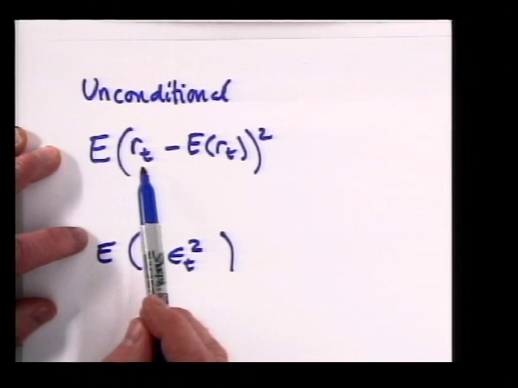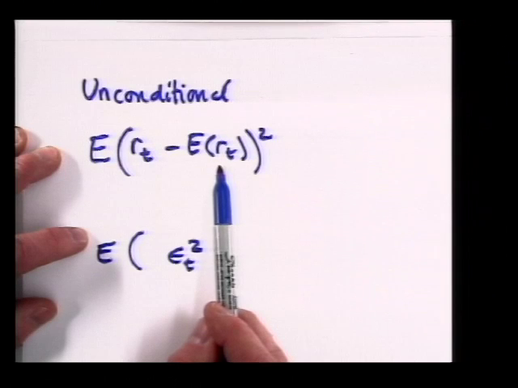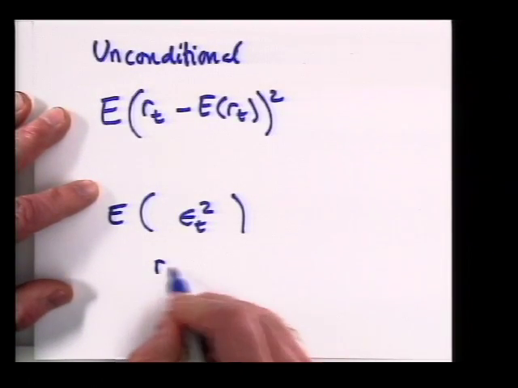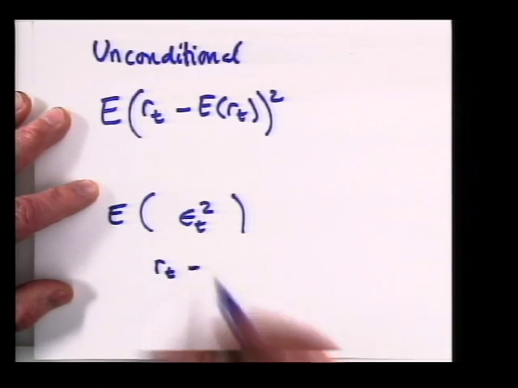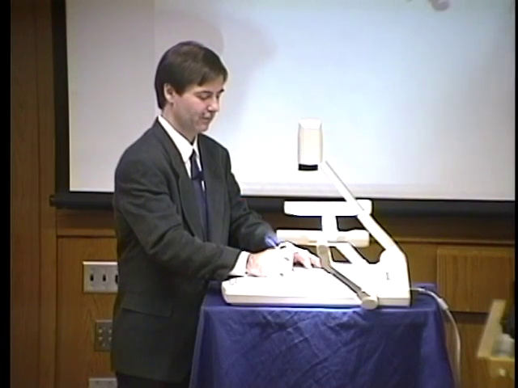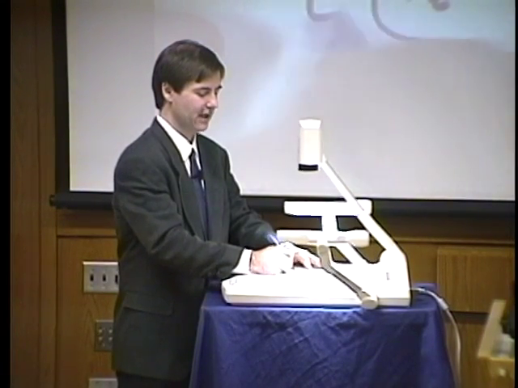Right here, we've got the returns minus the overall mean return. Right here, we've got the return minus the predicted return. It's the residual from our regression model. So if we want to call it predicted return, we're squaring that and taking the average.